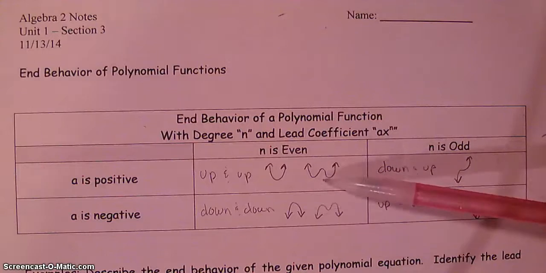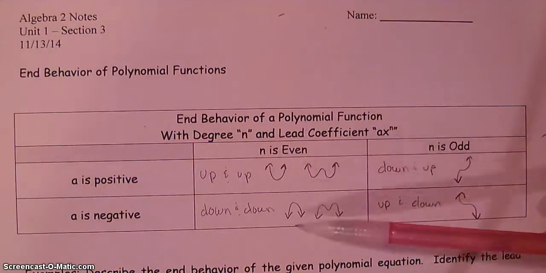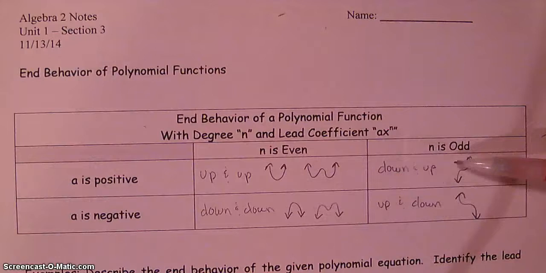They go in the same direction: up if it's positive, down if it's negative. Odds are in opposite directions. If my a is positive, it's going up like a linear function. And if my a is negative, it's like a linear function like this, where you're up on the left and down on the right.